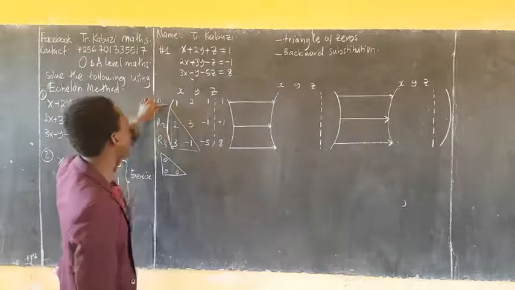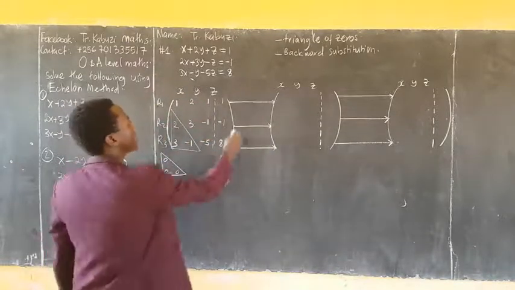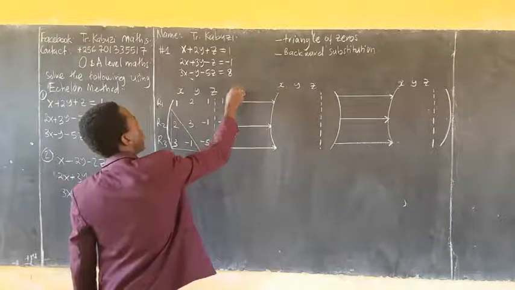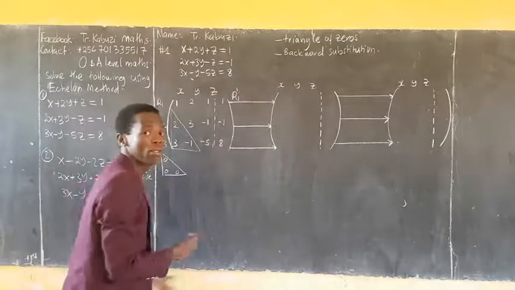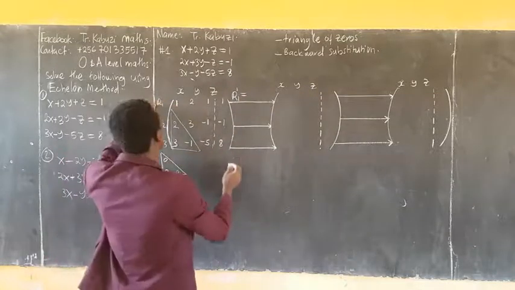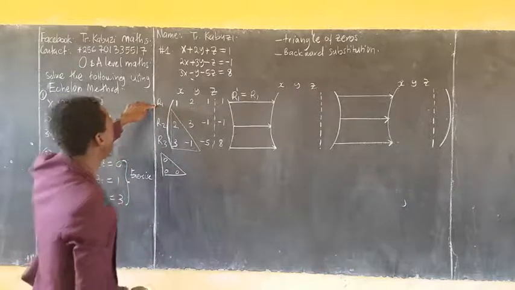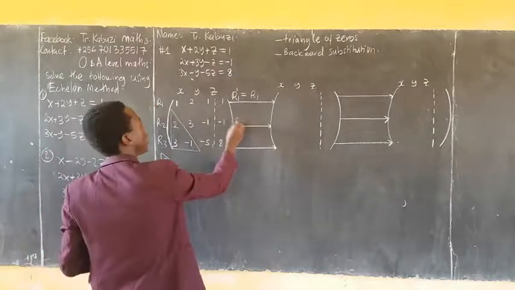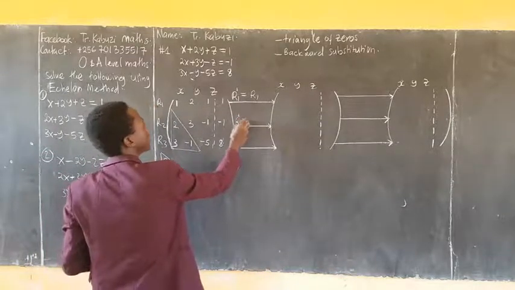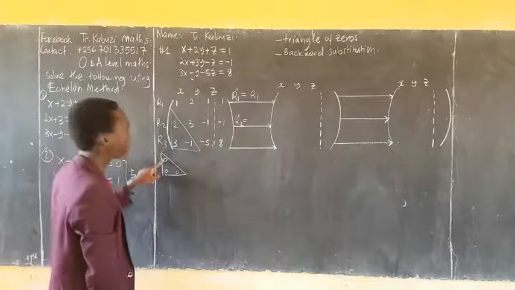So I call this one row 1, row 2, row 3. So meaning that this one I'm going to call row prime 1, so that I'm forming a new row. This one I don't need anything here, so it stays as it is. Now the next, my new row 2, I need to make this a 0.